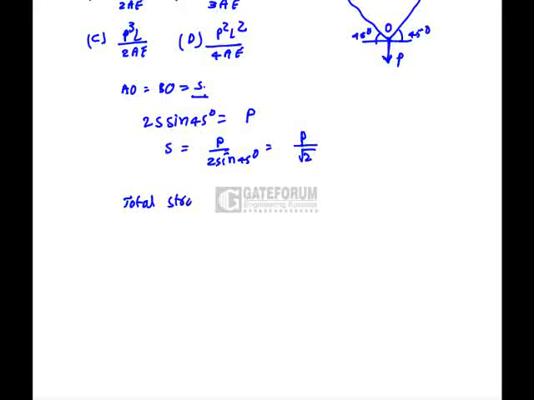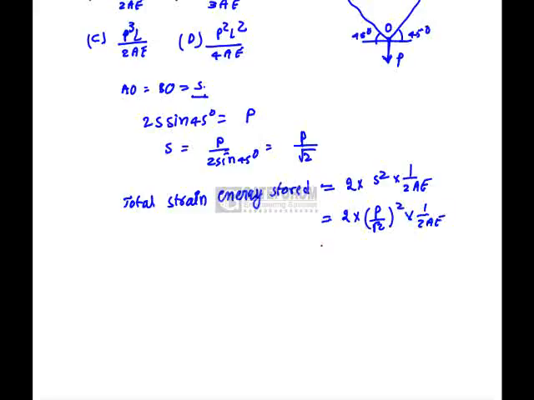Total strain energy stored is equal to 2 into S square into 1 by 2AE, that is equal to 2 into P by root 2 whole square into L by 2AE, that is equal to 2 into P square by 2 into L by 2AE, that is equal to P square L by 2AE. That is option A. Therefore, option A is correct.